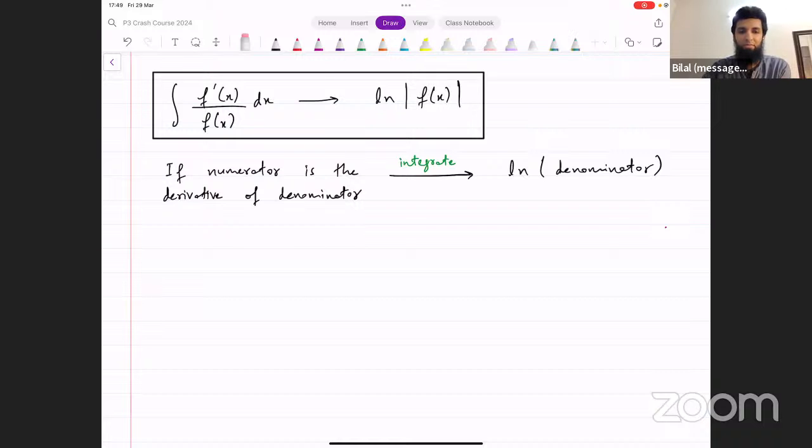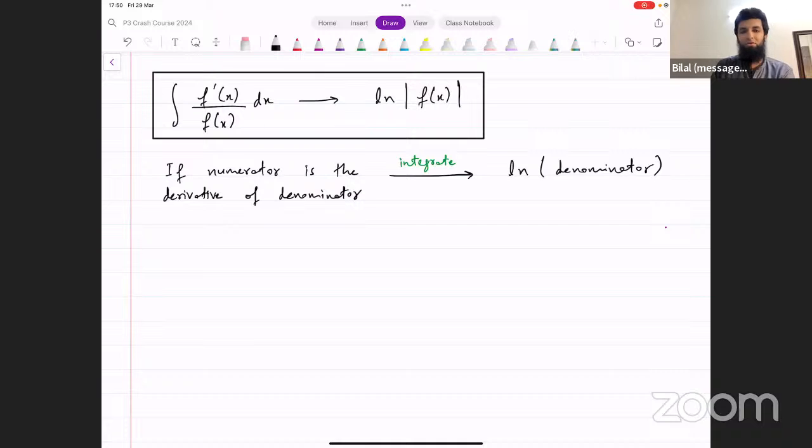Make sense? Now we have a number of different rules for fractions. This is the first rule that we're doing now. You need to start remembering them as well. Start learning them: what rule works in which scenario? What's the condition for that?